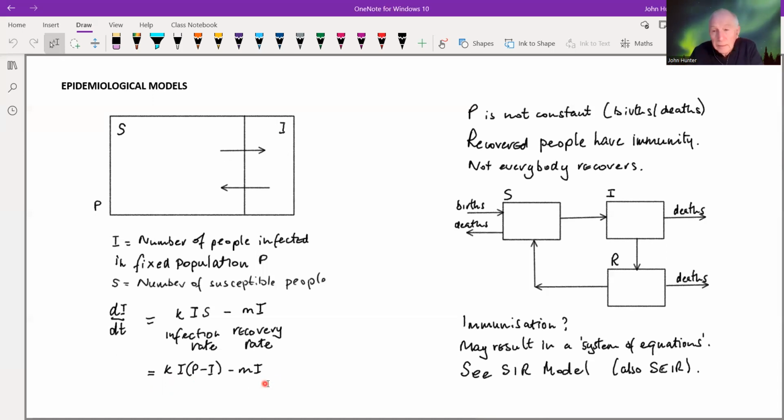Okay, and you would get a general solution, and then if we've got a boundary condition like at time t equals 0, we've got 10 infected people, then we could actually look at the number of infections after so long after t equals 0.